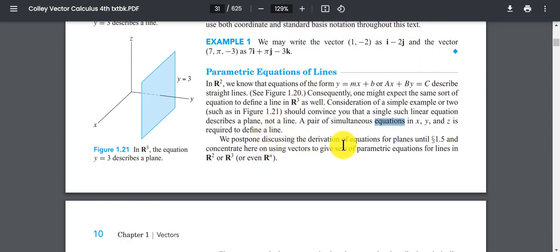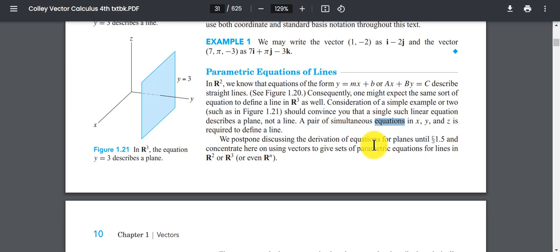So she says we're not going to discuss equations for planes right now. She said we're not going to do it until section 1.5. Here we're going to concentrate on using vectors to give equations for lines. So we're not going to talk about planes right now.